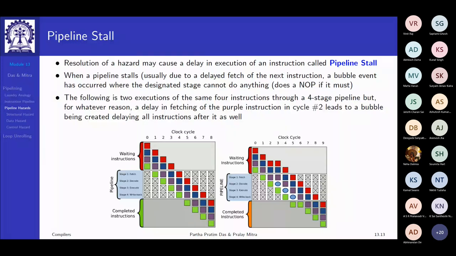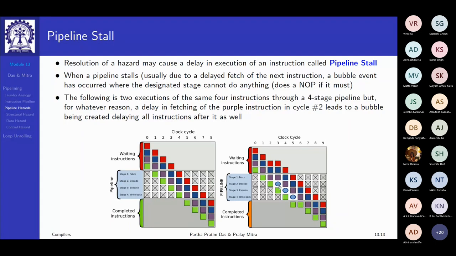So what will you do? Your fetching is taking more time. So you are actually extending into the time that you should have used in decoding. You can see the purple is getting extended here because its fetch could not complete on time, and therefore in the next cycle also it is still doing that.